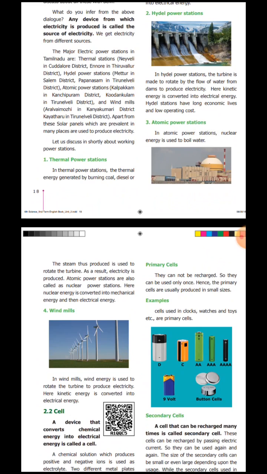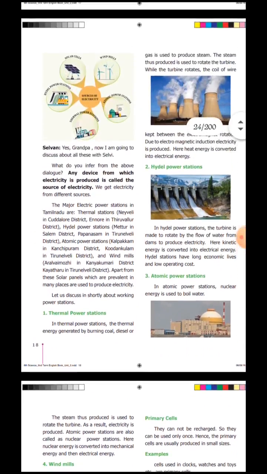In a thermal power station, the thermal energy generated by burning coal, diesel or gas is used to produce steam. The steam thus produced is used to rotate the turbine. While the turbine rotates, the coil of wire kept between the electromagnets rotates. Due to electromagnetic induction, electricity is produced.